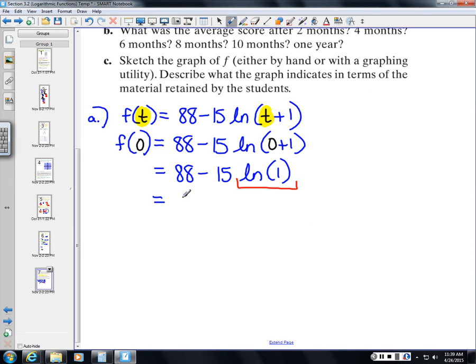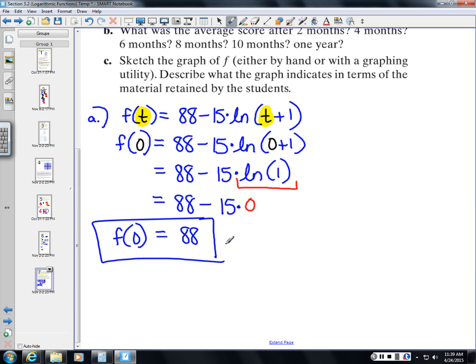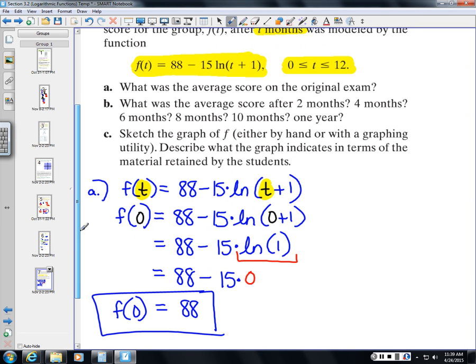Remember, this 15 is being multiplied by this natural log, and anything times 0 is 0, so we get 88 minus 0. So my answer here: at the original time the students took the exam, their average was an 88.